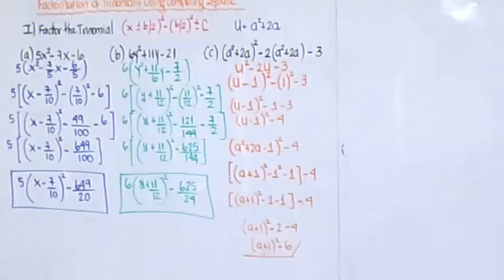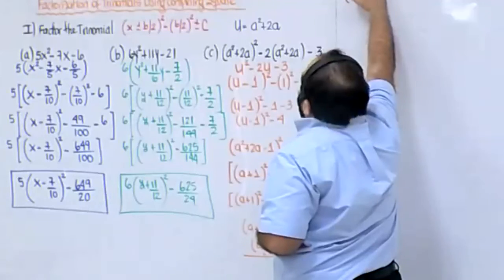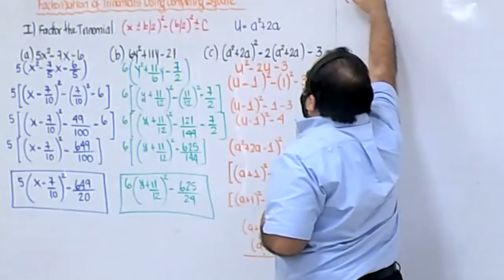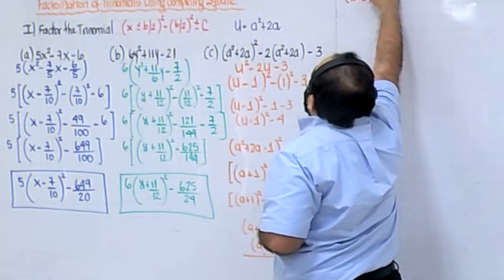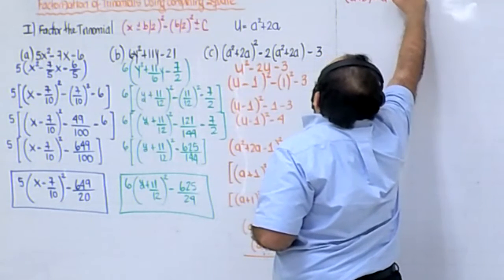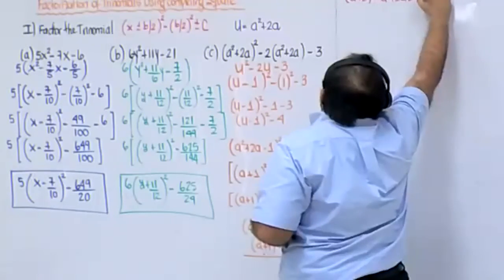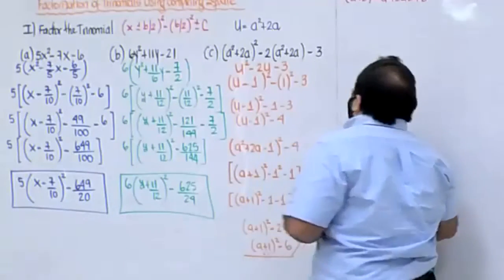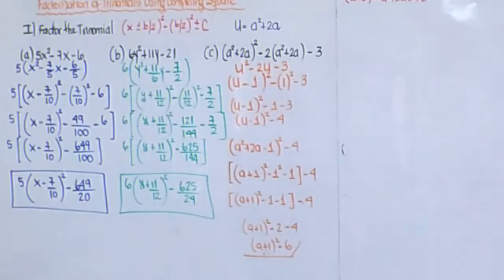Before solving this expression the long way, remember one of the special products formulas. If we got a plus b second power, that's supposed to be equal to a squared plus 2ab plus b squared. This is one of the special products formulas, okay?